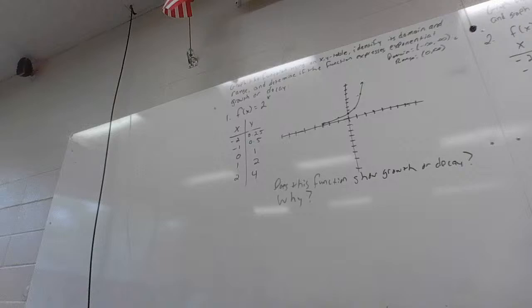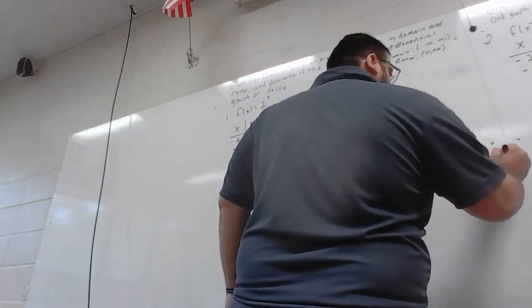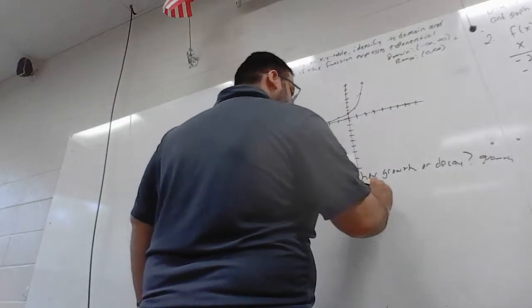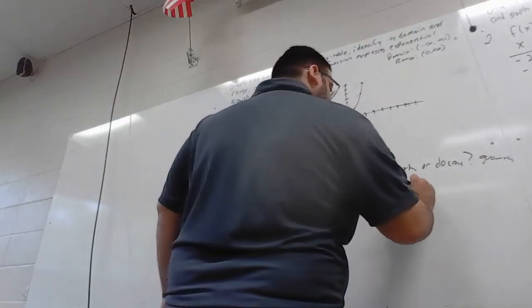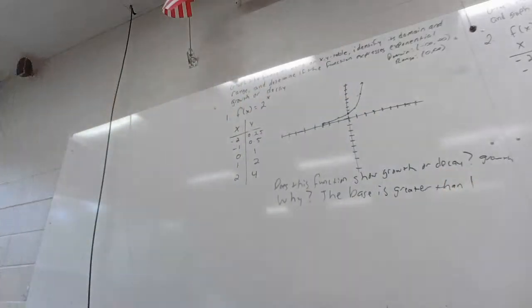Does this function show exponential growth or exponential decay? Why does it show growth? Good, excellent, yeah, because the base is greater than 1. So it shows growth if the base is greater than 1. What's the other case?